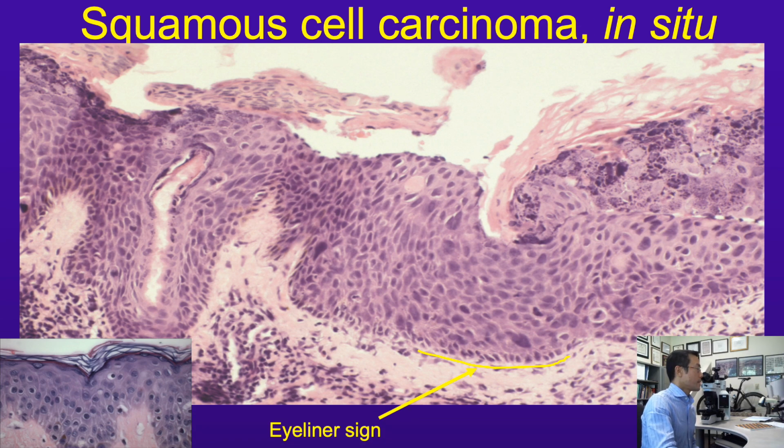But they're all describing the same thing: a relatively discrete and non-atypical basal layer of keratinocytes with full thickness atypia overlying. So one of the pitfalls is that sometimes the normal basal layer of the epidermis looks somewhat like an eyeliner, especially if you're looking for it. But this sign does not apply unless there's atypia overlying the basal layer.